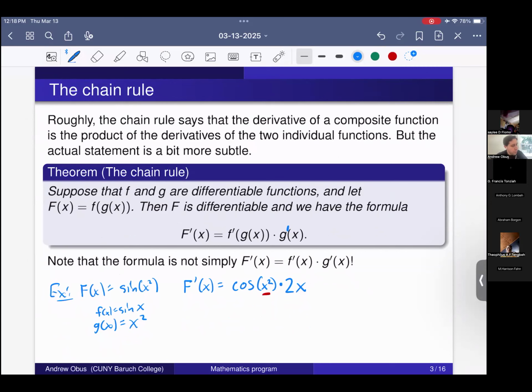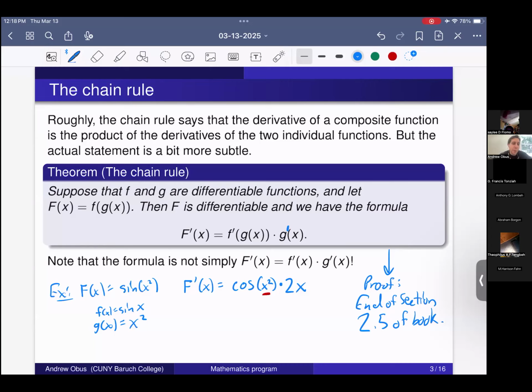So you can see a proof if you want to. The proof is at the end of section 2.5 of the book. So if you want to read a proof, you can read it there. But what I did in class last time wasn't a full proof, but I gave a justification for why the chain rule works.